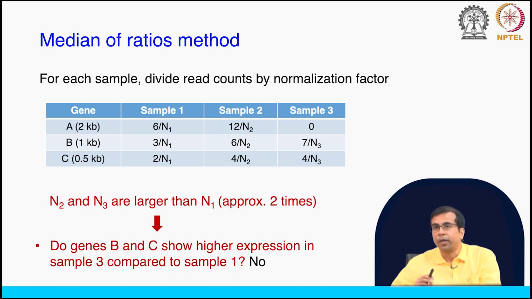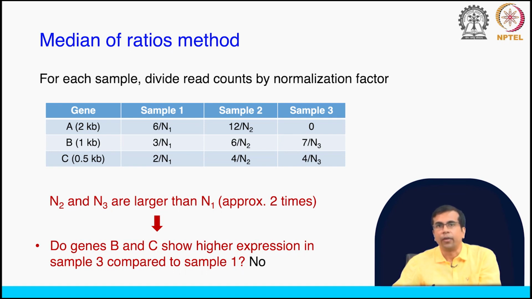What it means is that we have now addressed this RNA composition bias that we were talking about for all the methods. By discarding the gene where we have a 0 value, calculating the geometric means, calculating these ratios, and taking the median, we have addressed this RNA composition bias. This is an advantage of this method.